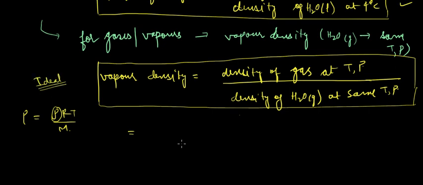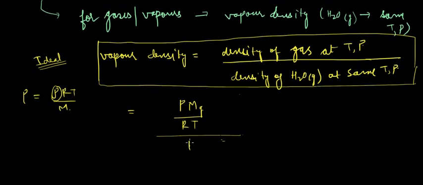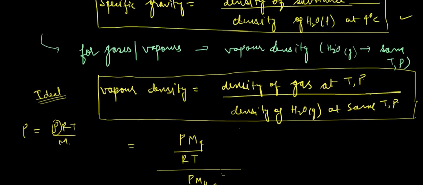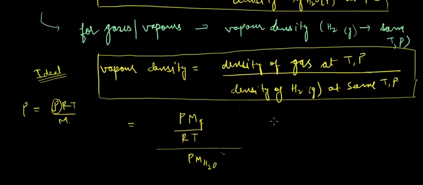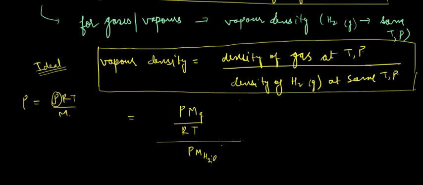Okay, we have seen this formula for an ideal gas. So density of a gas would be pressure times molar mass of gas divided by R and T. Similarly, density of hydrogen would again be pressure times molar mass of H2 upon R and temperature. Beg your pardon, this is not H2O(G), this is H2(G) rather, hydrogen. So this is not water, this is hydrogen.